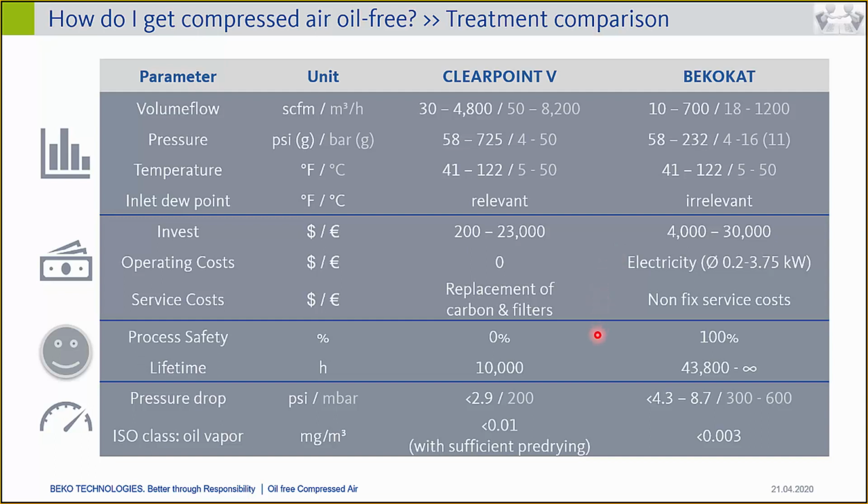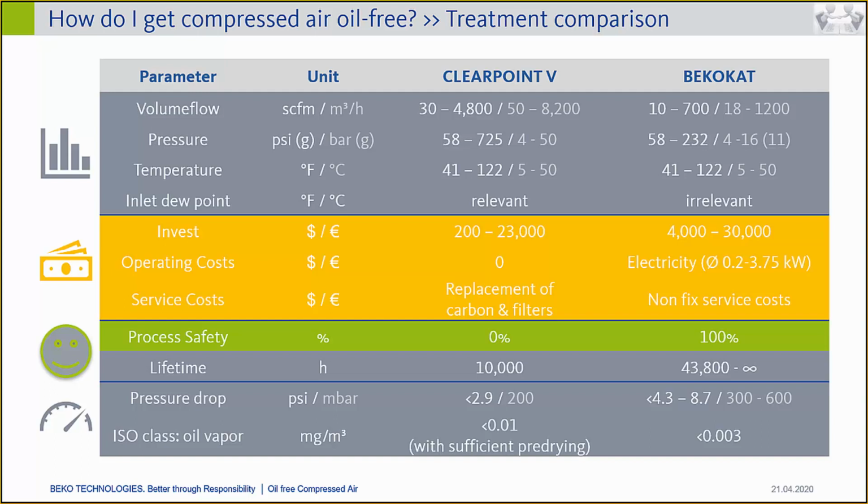That fits back to the question that appeared during the break in the chat room. The process safety is one of the key words when talking with customers to convince them to integrate BEKO-CAD in their system. So on the next slides, we will concentrate a bit more on these two areas, the invest and the process safety.